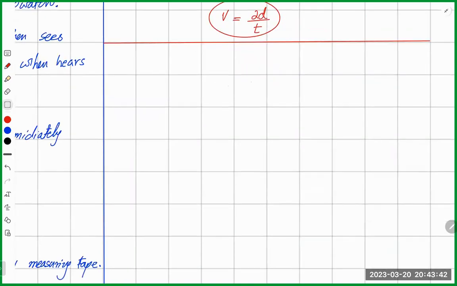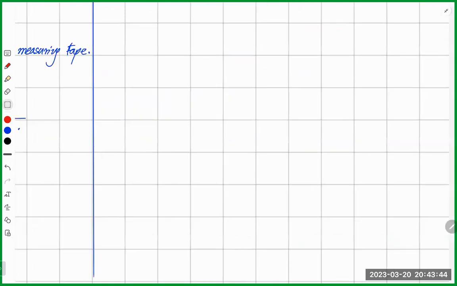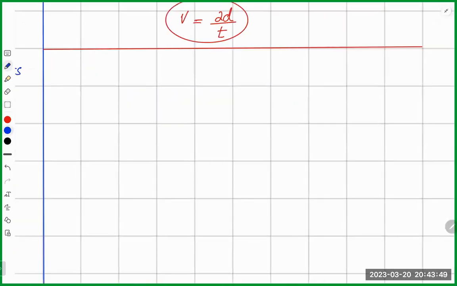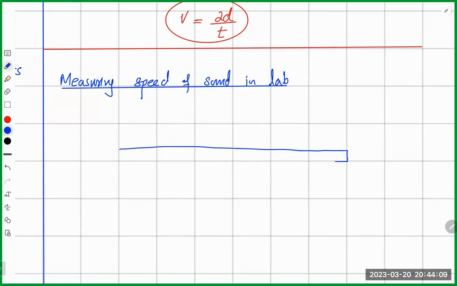One last method, measuring speed of sound in a lab. This is a ruler.